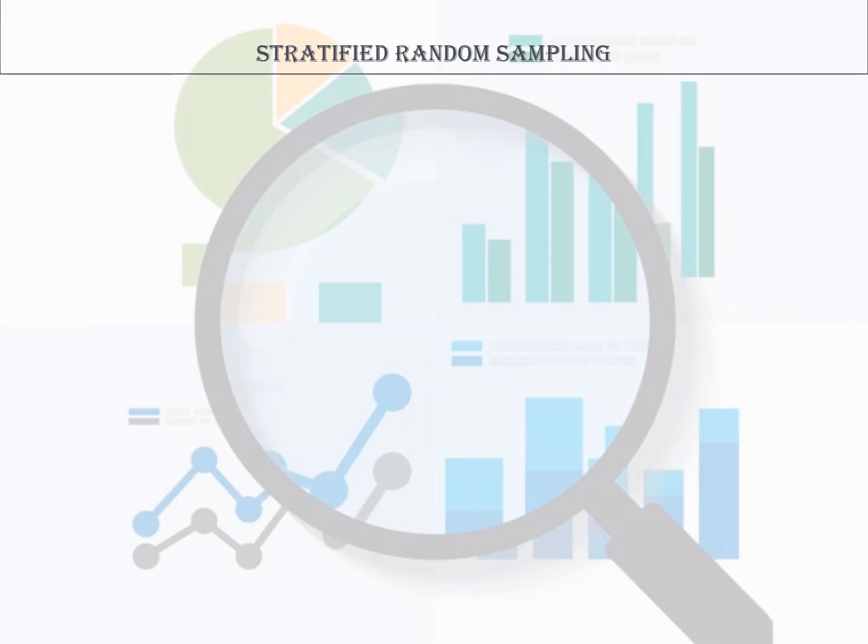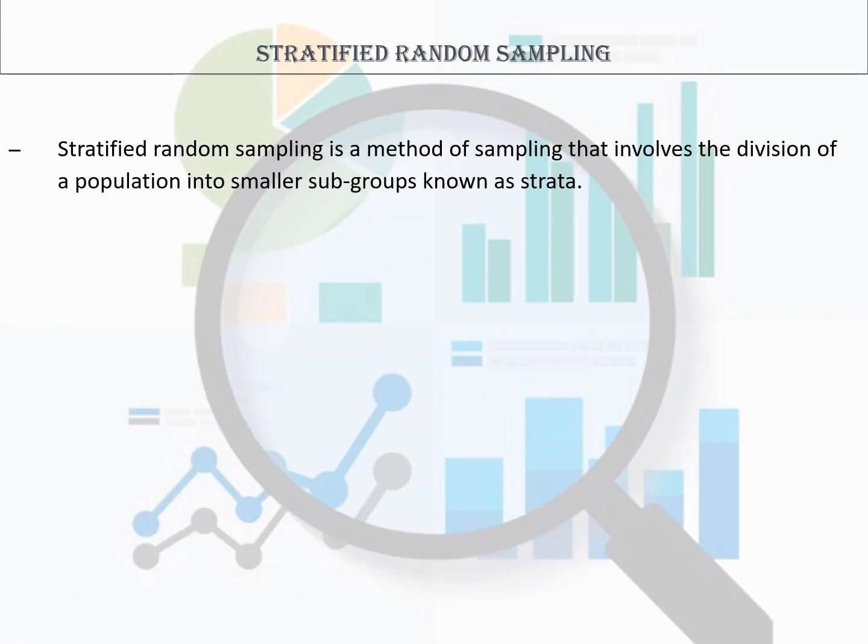Stratified random sampling. Stratified random sampling is a method of sampling that involves the division of a population into smaller subgroups known as strata. Stratum means groups or items, or step-by-step grouping.